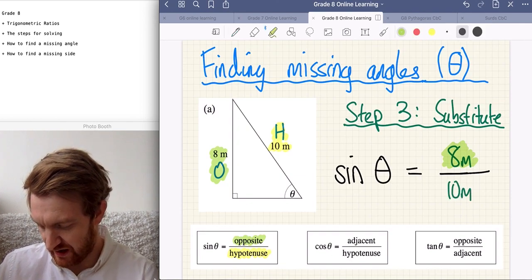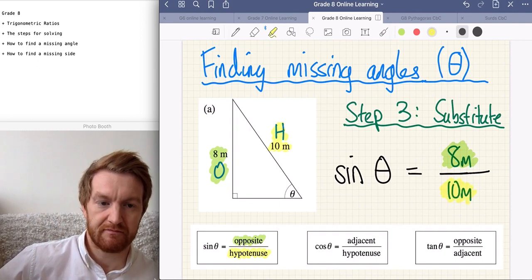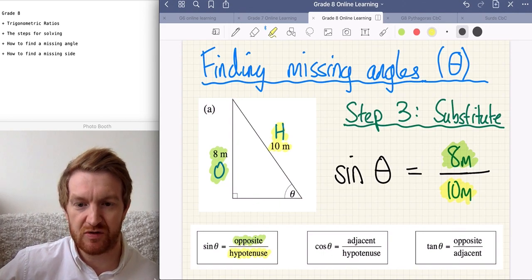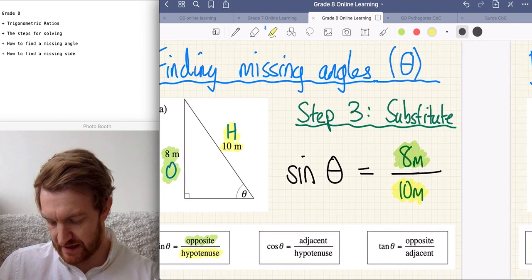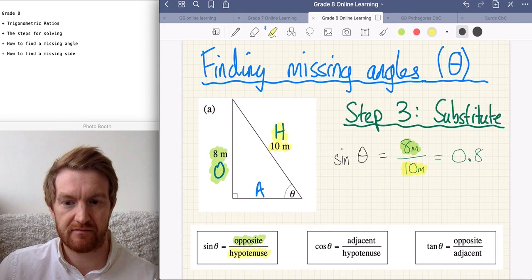That was the one we highlighted in yellow. 8 divided by 10 is a nice easy fraction which we can put as a decimal or a fraction, your choice. If we do it as a decimal, we get 0.8.